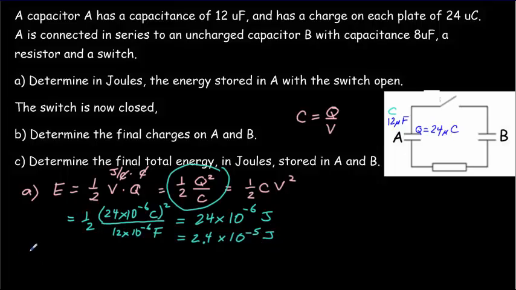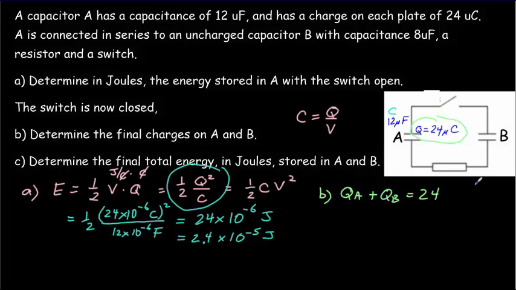In part B, that charge of 24 microcoulombs is going to have to split itself over the two capacitors. So we could say that QA plus QB has to add up to 24 microcoulombs.